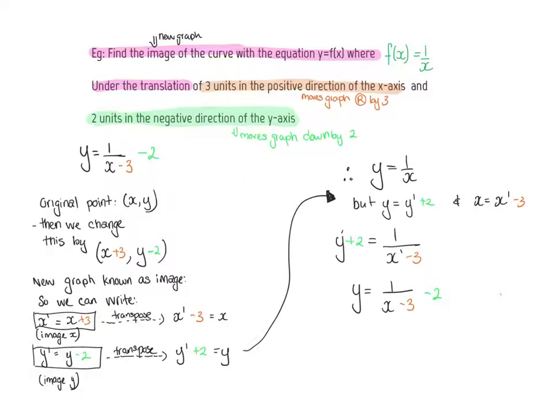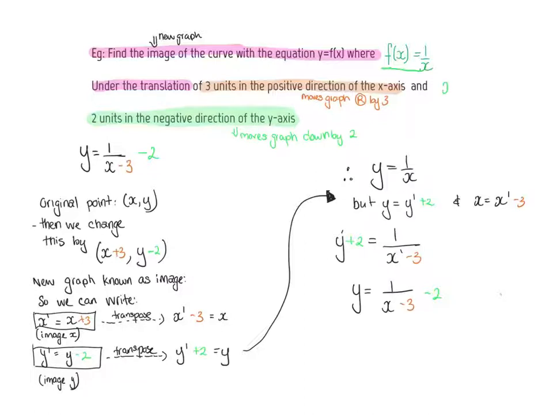Okay, with this one, find the new image of the curve with the equation where f(x) equals 1 over x under a translation of 3 units in the positive direction of the x-axis, and then move 2 units in the negative direction of y. So we want to move the graph right by 3.